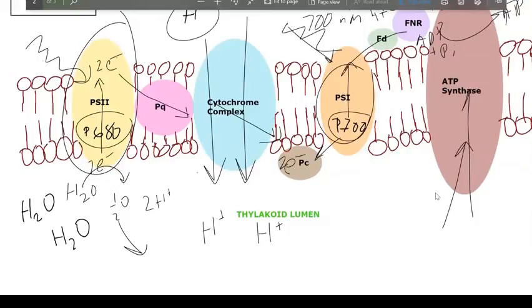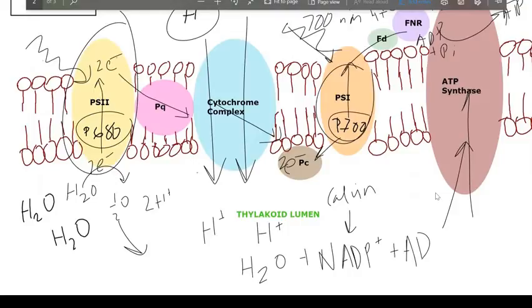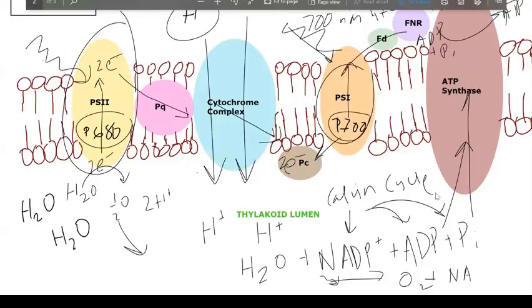So the true reaction, if you want to call it, for photosynthesis, at least for the light-dependent reaction part, would be something like H2O plus NADP+, which comes from the Calvin cycle, plus ADP plus phosphate group, Pi, which also come from the Calvin cycle, along with light, yields O2, which is getting out, along with NADPH and ATP.